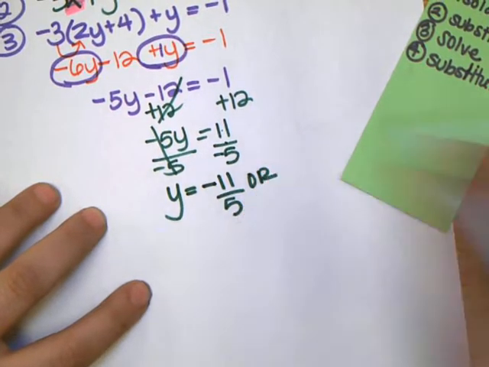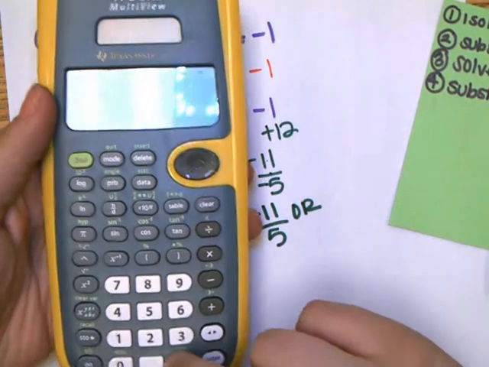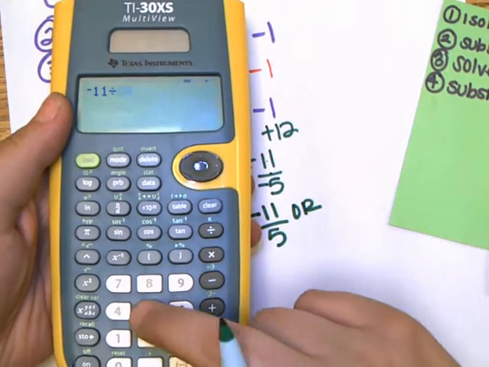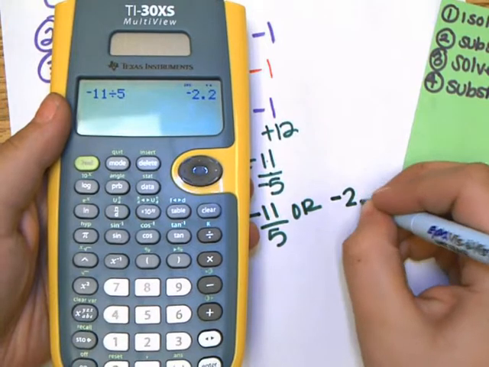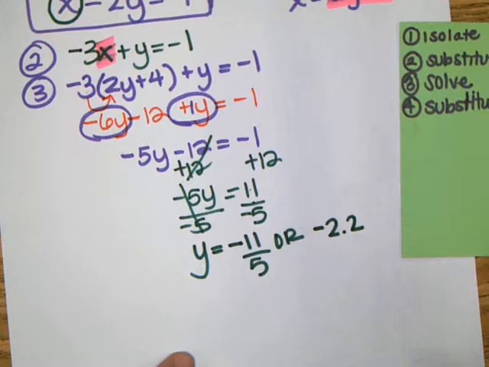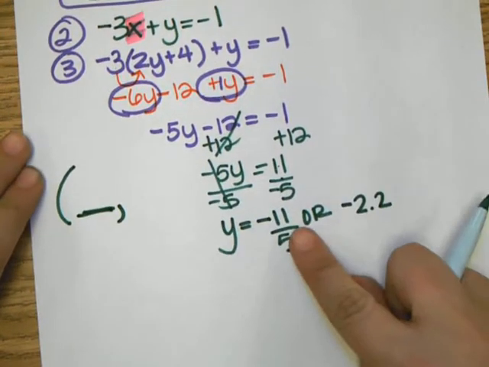Divide by -5. And we get y equals a positive divided by a negative is a -11/5. Or -11 divided by 5 is -2.2.